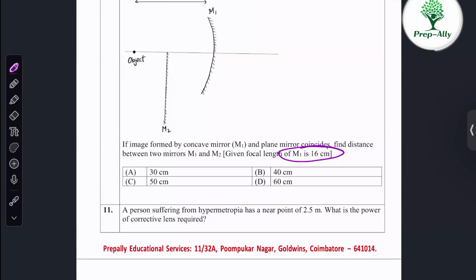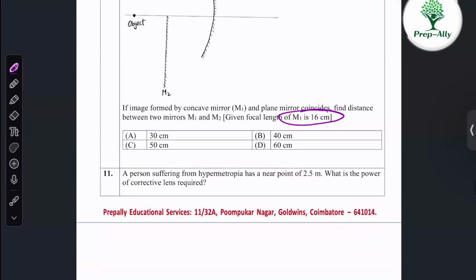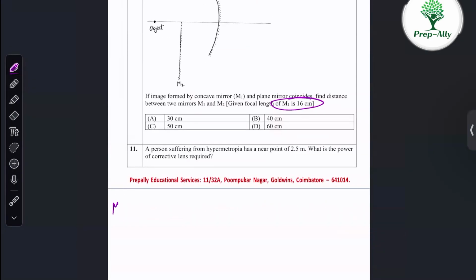So first let's find the image of the concave mirror. For the concave mirror, the object distance will be minus 80 centimeters. So 1 by v plus 1 by u is equal to 1 by f.